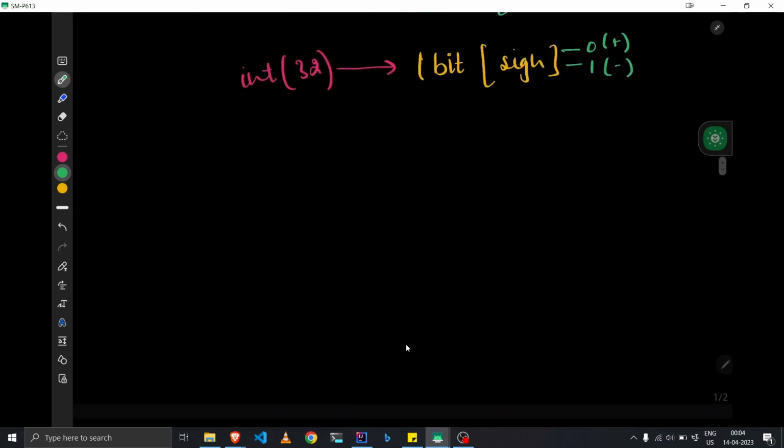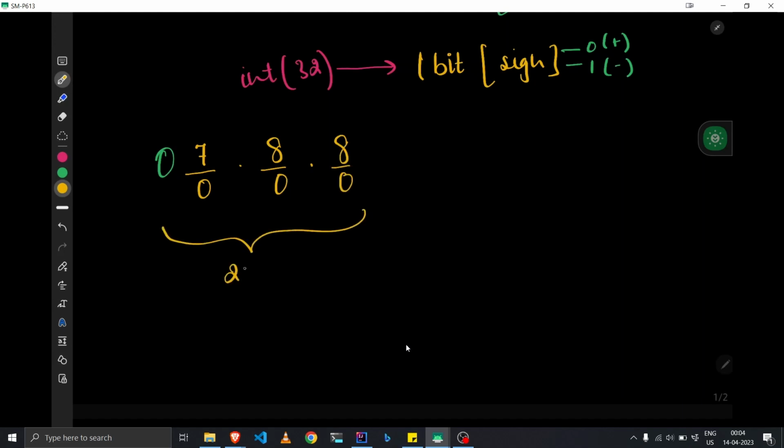For 9 it is a positive number, so we'll have 0 at the start. Following we will have 7 more zeros, followed by 8 more zeros, followed by 8 more zeros. This makes up the 24 bits, okay?